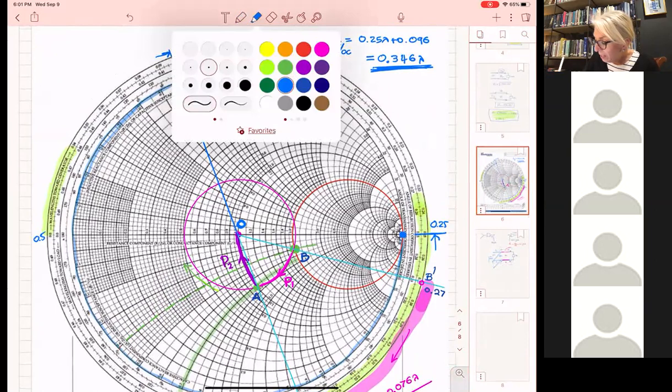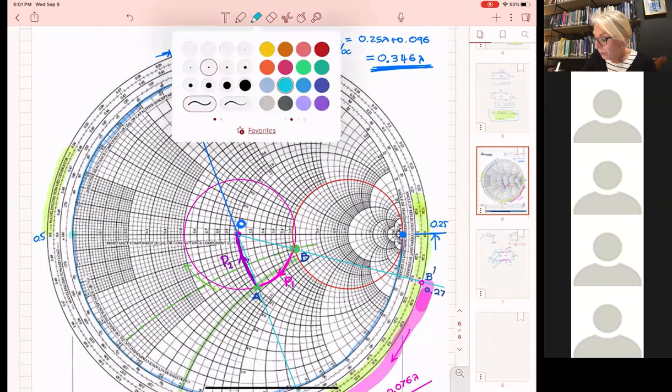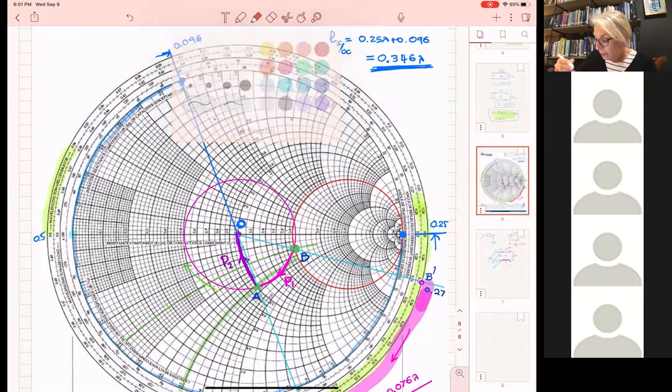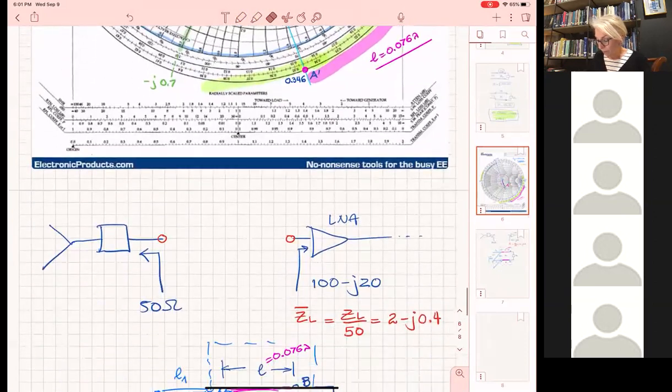I would start here, and then I would only have to go by this much, which is practically 0.096 lambda, all right? Or L, 0.096 lambda. Okay, now let's see when those are important.